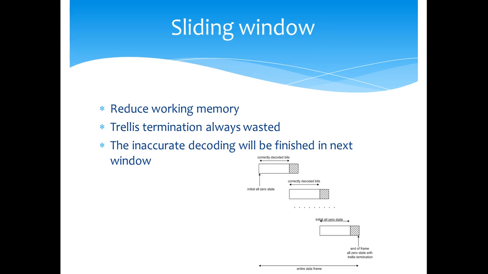Hence, incorrect decoding occurs in the last few bits. It means this part. Decoding is done in the next window, like here. This part is not done in the first window, but it will still be processed in the next window. So this provides us better decoding performance.